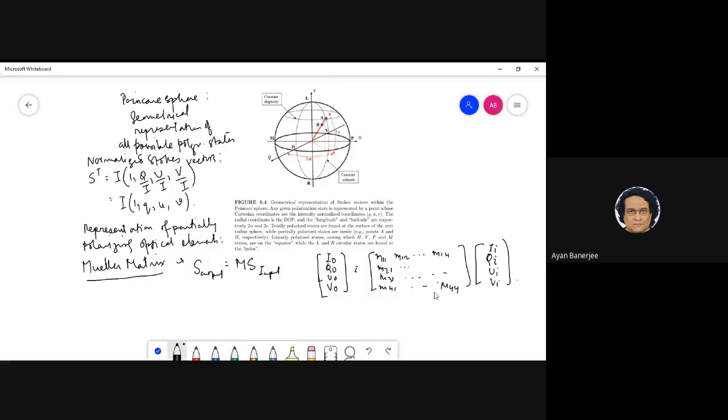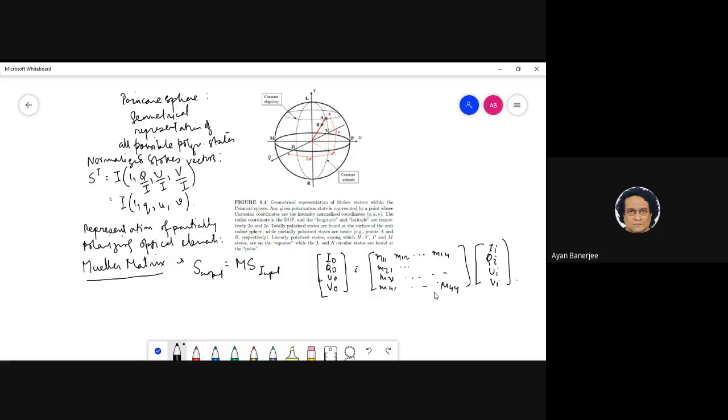There are retarders, the half wave plate, quarter wave plate. All these have different Muller matrices, and what is very important for you to note is that the coherency matrix formalism allows us to establish a relationship between the Jones and the Muller-Stokes formalism.